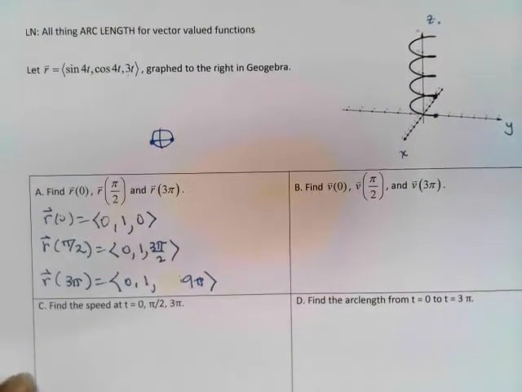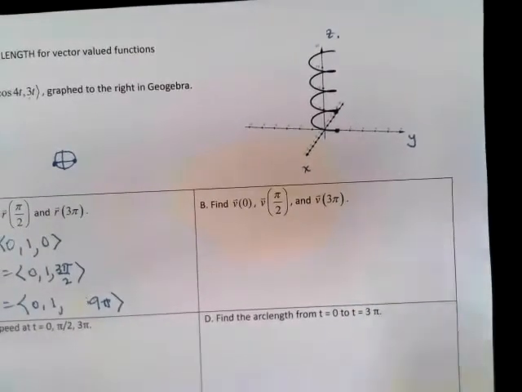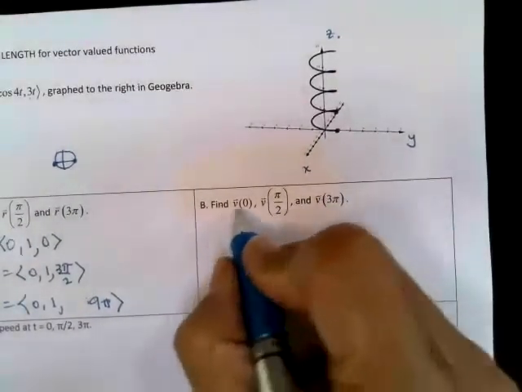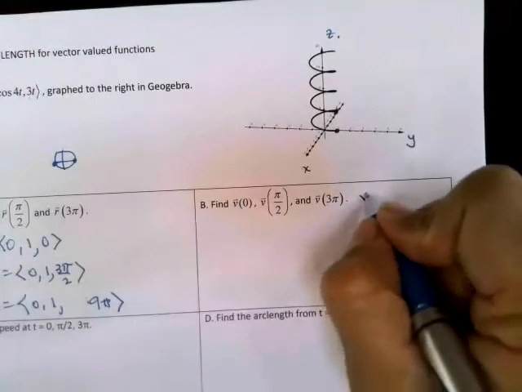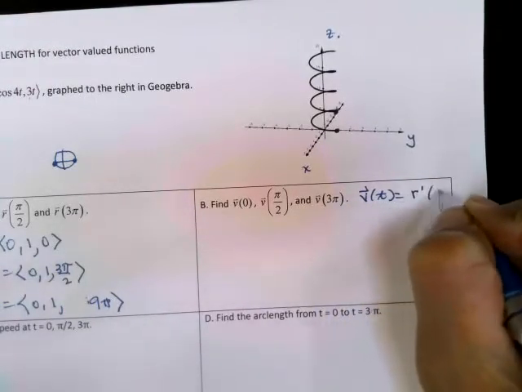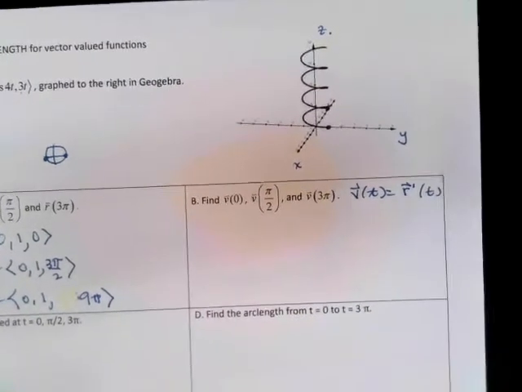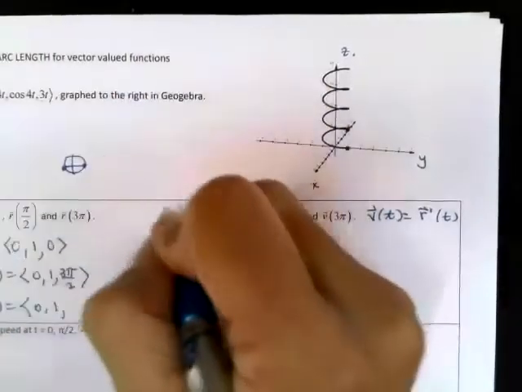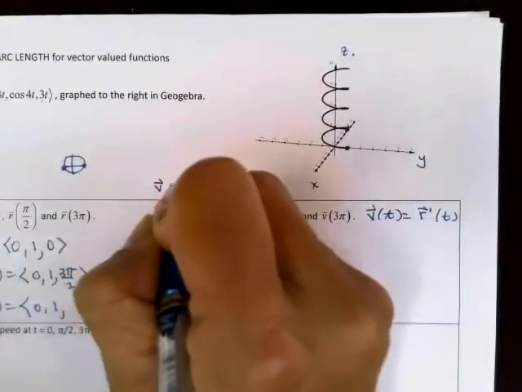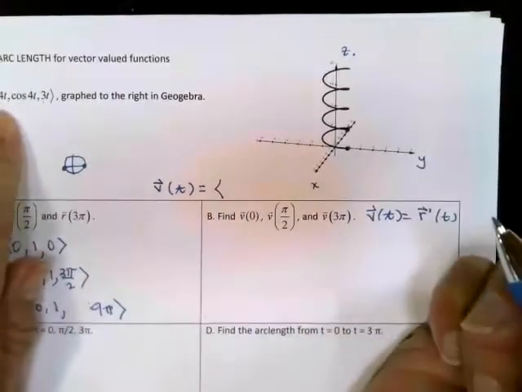All right, so let's go ahead and find our velocity. So the velocity, remember, v of t is just the first derivative of our position function. So just writing that in function notation as our vector. So v of t is going to be, so remember your chain rule.